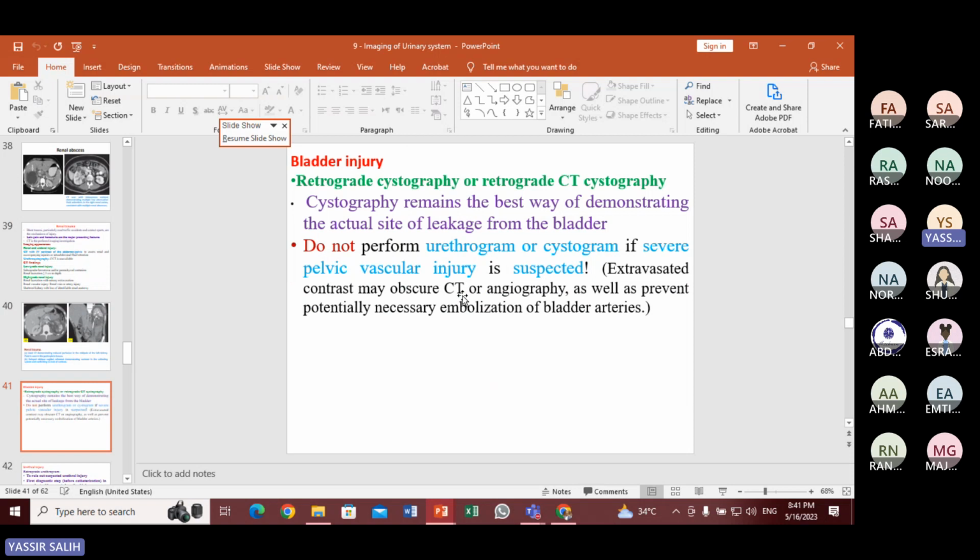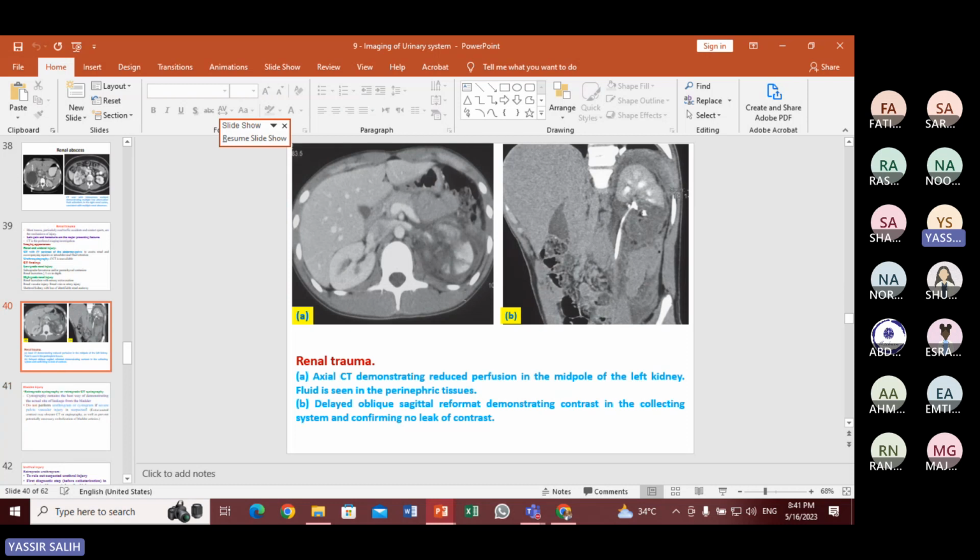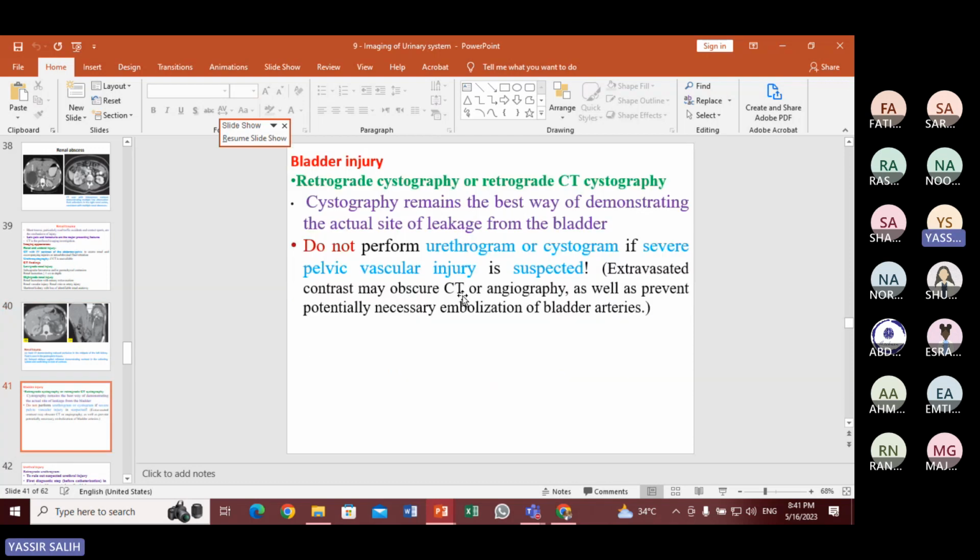Blunt or penetrating. Now, if we have a suspected bladder injury, what is the best imaging technique for demonstration of bladder injury? Is it CT also? Retrograde, after that. We do cystography. What is cystography? To show the site of leakage.